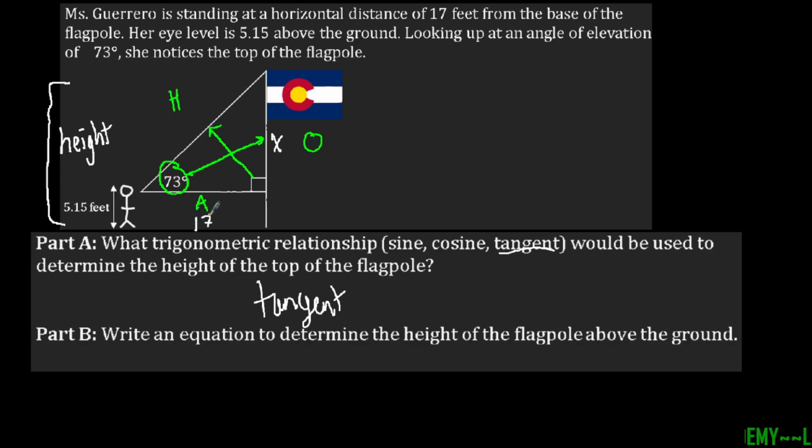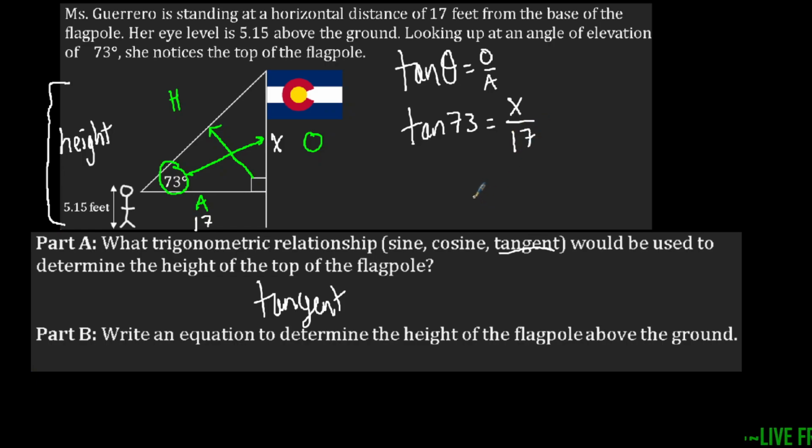Okay, so let's write out our ratio. We have opposite and adjacent as the two sides we're going to use. So we have tangent of theta is equal to opposite over adjacent. Now what we can do is plug in our values for our variables. So we have tangent of our angle, which is 73 degrees, is equal to x, because that's our opposite, and our adjacent is going to be 17.